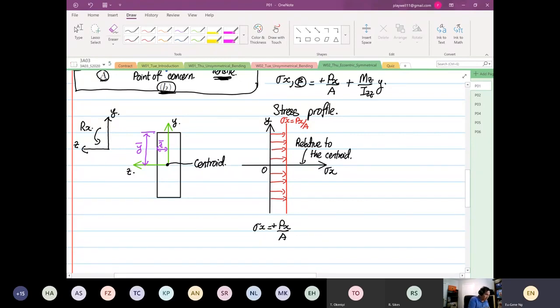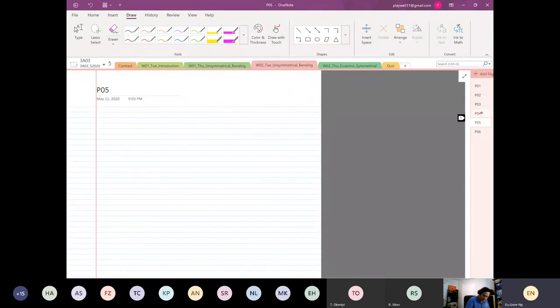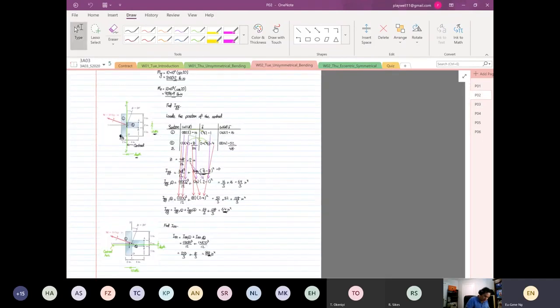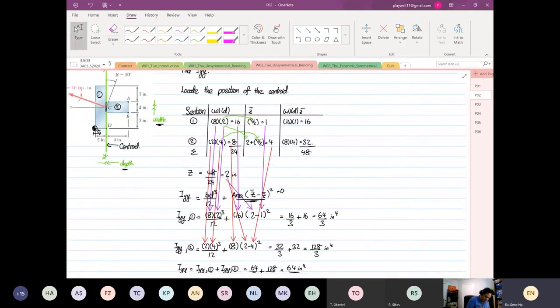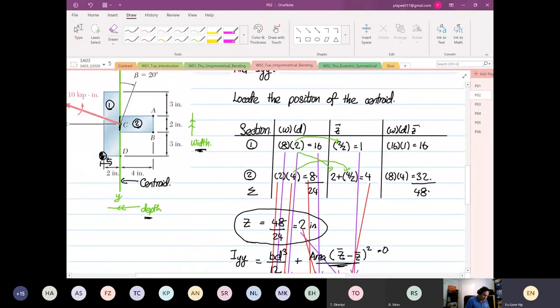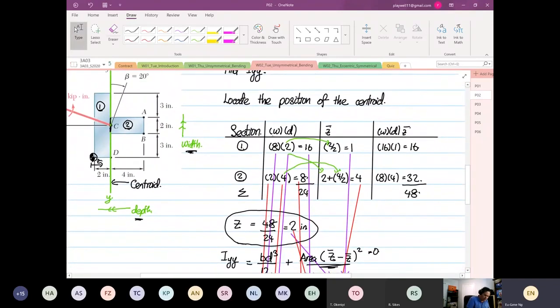And to acquire the centroid, remember I taught you on Tuesday how to acquire the centroid. Quickly going over it, this was Tuesday's lecture. This formula is how we locate the position of the centroid by sectioning the cross section, looking at the width and depth, finding the individual centroids, multiplying them together, summing them, and then dividing.